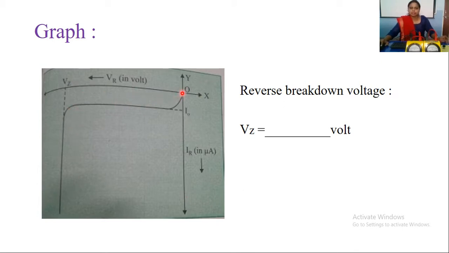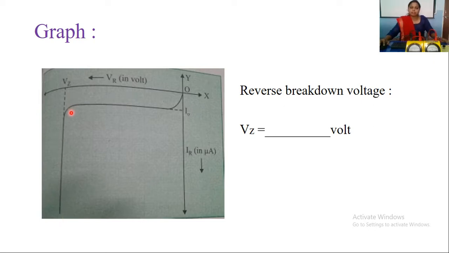And as you can see, as soon as the voltage increases, the current is also slightly increased. After that we get constant current values, and after some time the current rapidly increases. So this point at which the current rapidly increases, we can say it decreases because the values are negative, but if we consider magnitude, it will be positive.